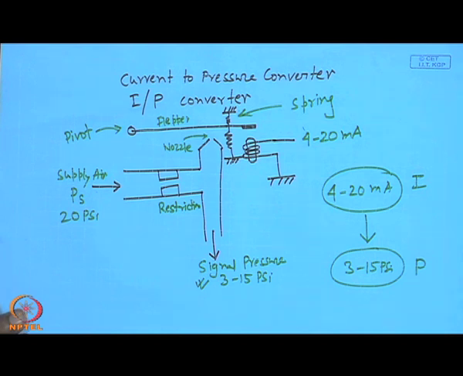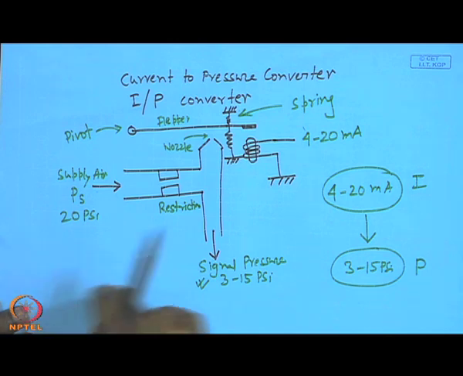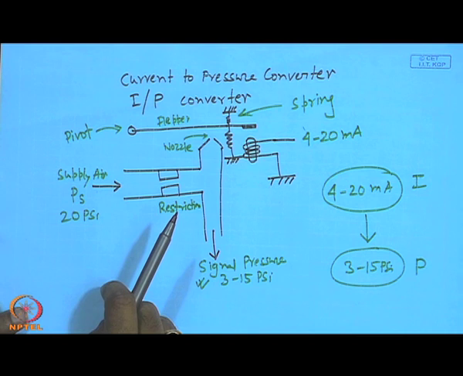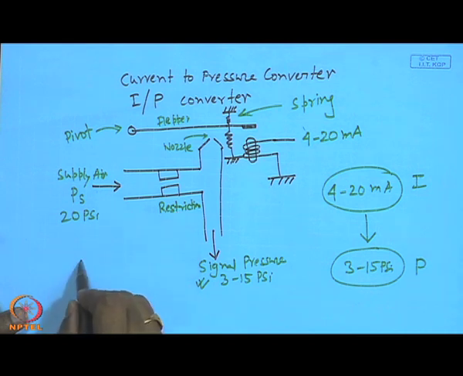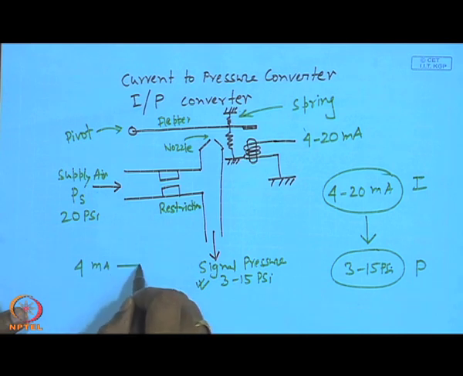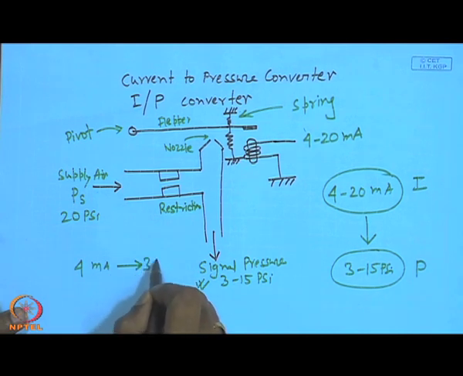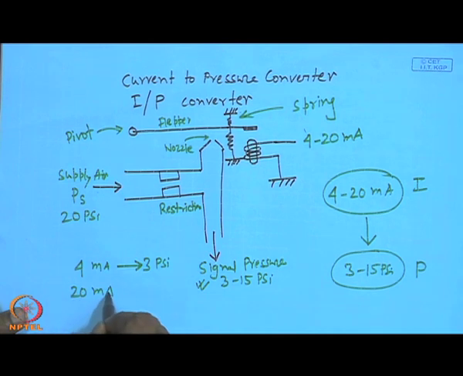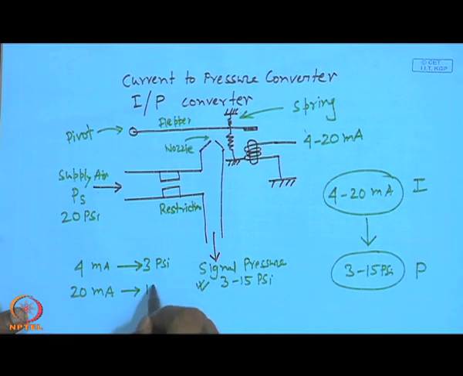So, adjustment of the spring can be made such that I can calibrate this system so that 4 milliampere corresponds to 3 psi pressure and 20 milliampere corresponds to 15 psi pressure.